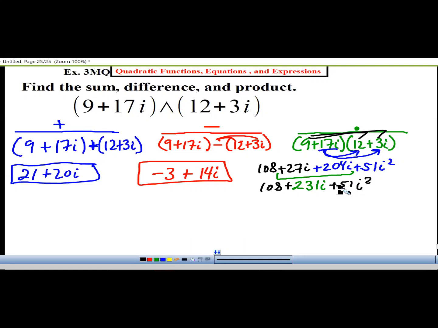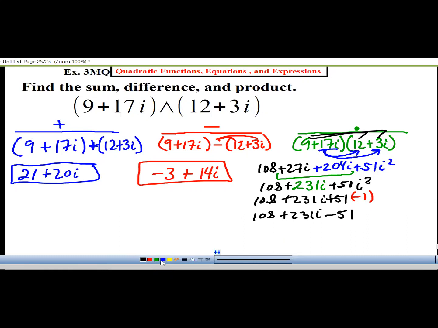However, are we done, guys? No, Mr. Q. We need to substitute -1 for the i squared. Yes, -1. So I bring everything else down: 108 plus 231i plus 51 times -1. So this is 108 plus 231i and -51. Is that correct? 51 times -1?